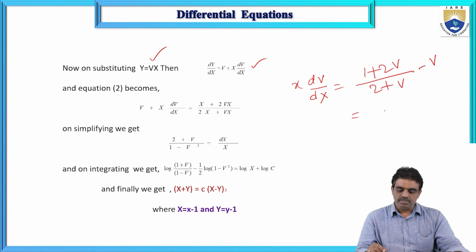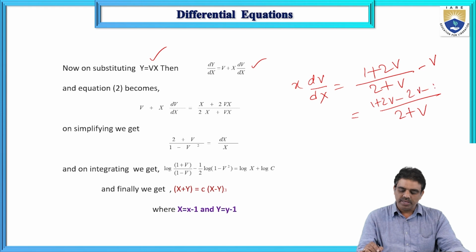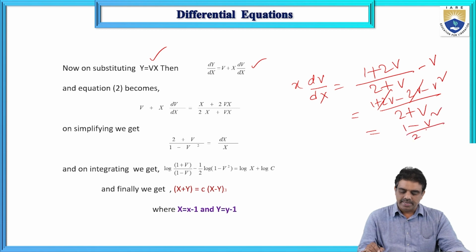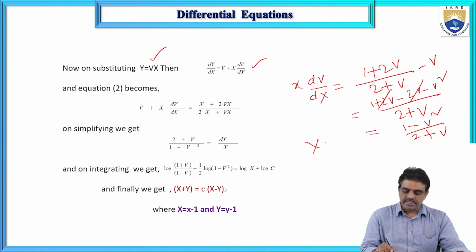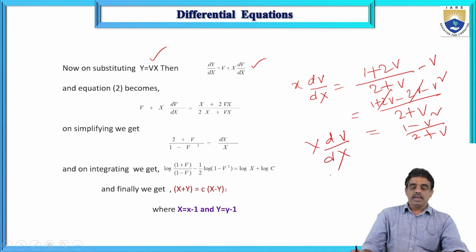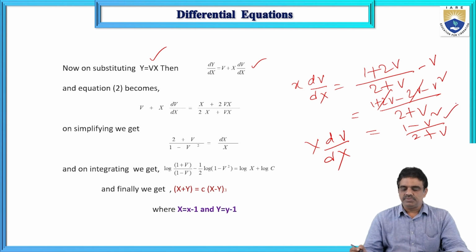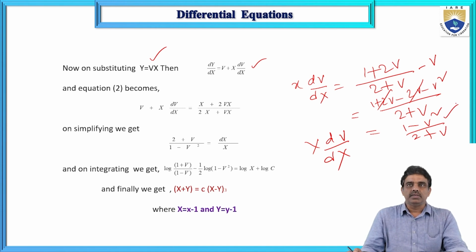Then what is the LCM? 2 plus v, and here 1 plus 2v minus 2v minus v square, and this will get cancelled, and it is (1 minus v square) by (2 plus v). What is this? X into dv by dx. Am I right? X dv by dx is equal to (1 minus v square) by (2 plus v).